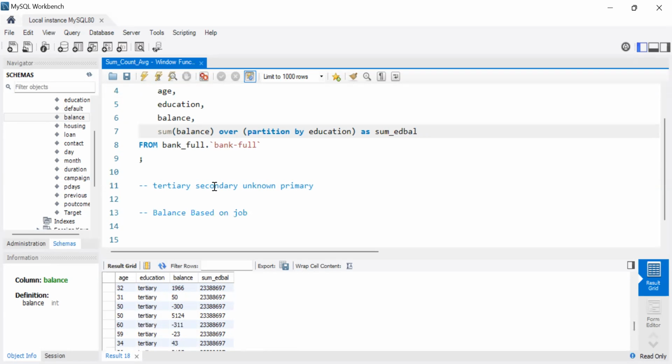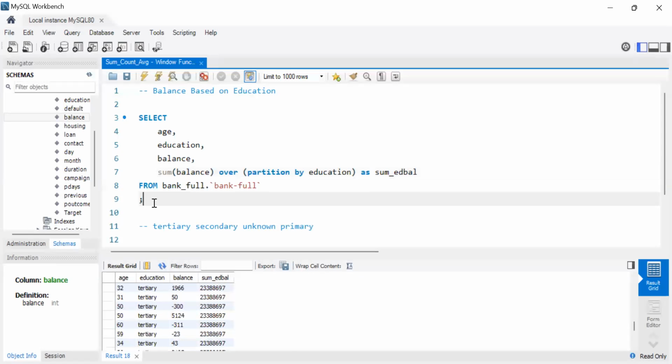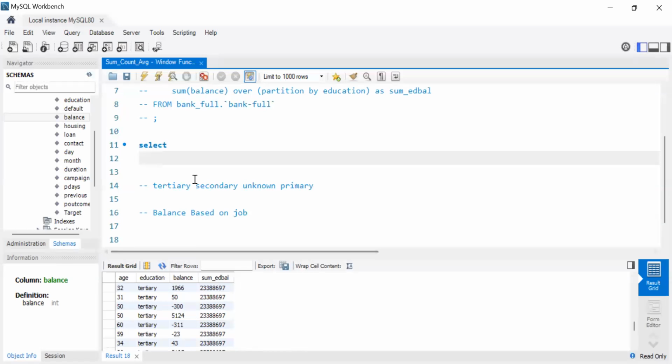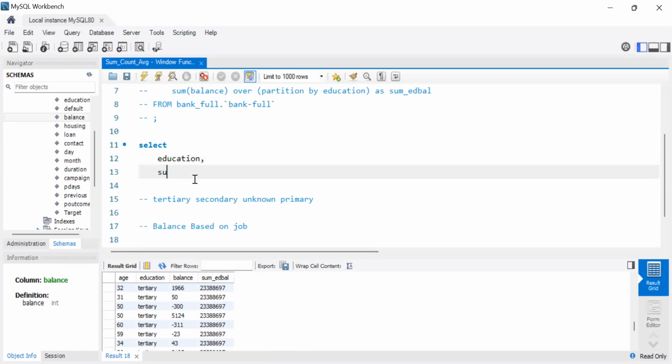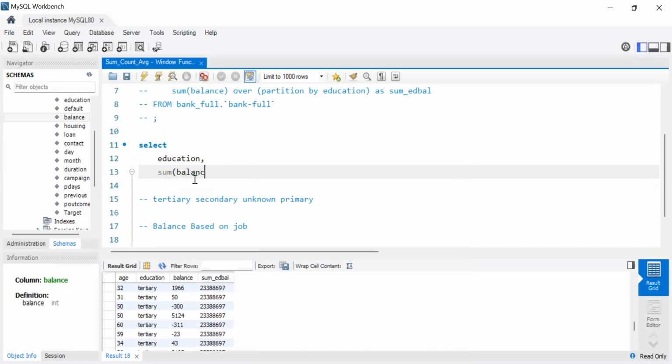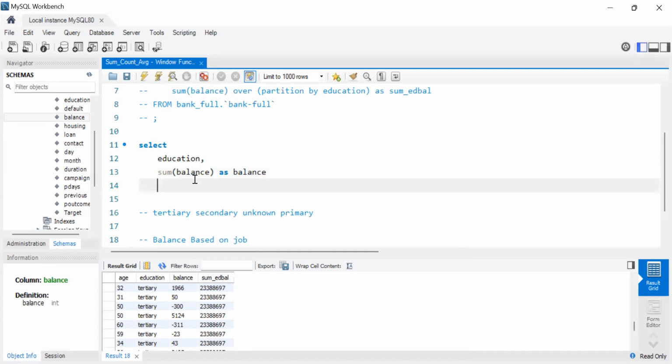So let me show you guys how this would be different under GROUP BY, and also illustrate why window functions and GROUP BY are not so different. So select education, then we want to sum balance as balance from the table.